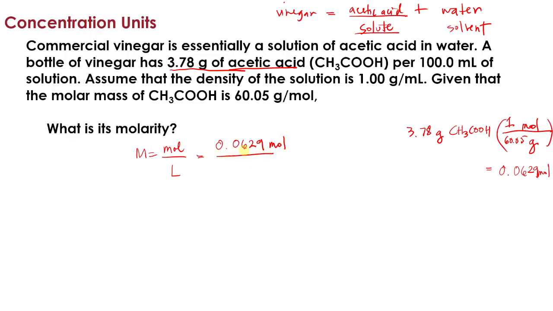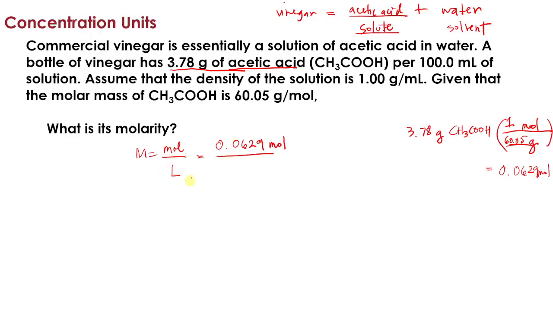That's the number of moles of the acetic acid. Again, we get this number by doing a mass to mole conversion. And of course, for the mass to mole conversion, we need the molar mass of the substance. So here it's already given.